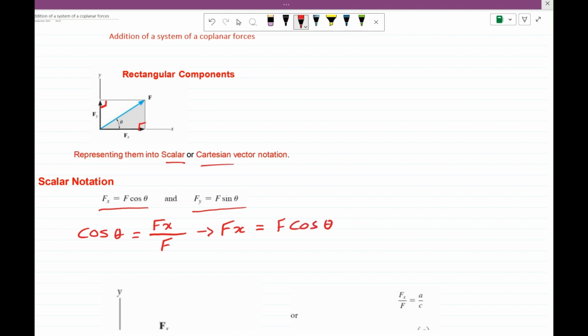And the same thing applies for the component in the y direction. So if we say sin theta, but this time for this angle in here, pay attention to that.